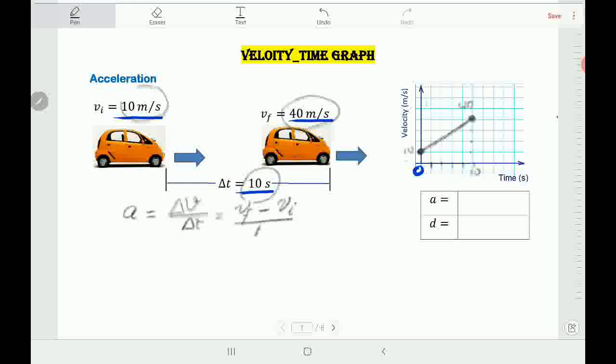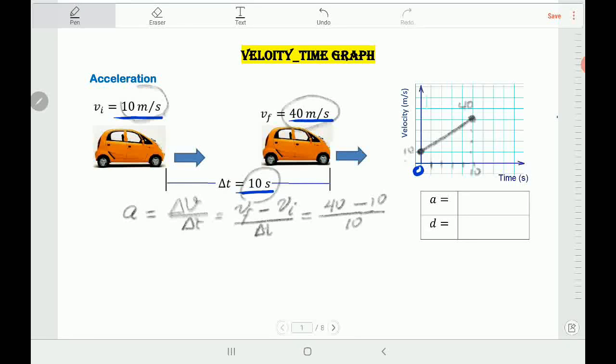We divide it by the time period. In this example, the final velocity is equal to 40 meters per second, and the initial velocity is equal to 10 meters per second. And the car took 10 seconds to change the speed from 10 to 40.